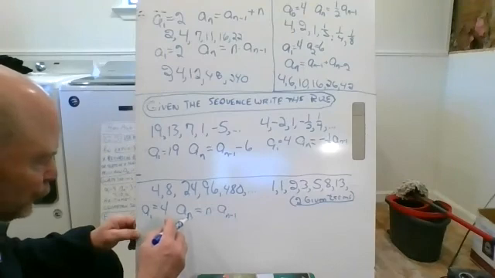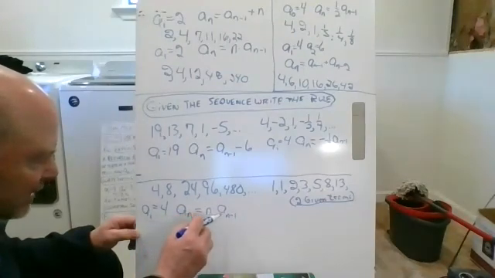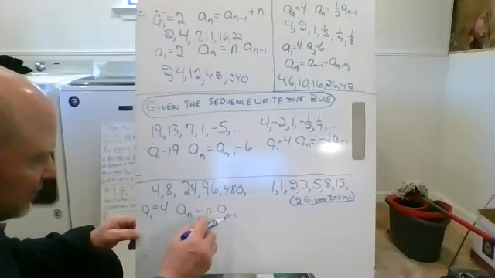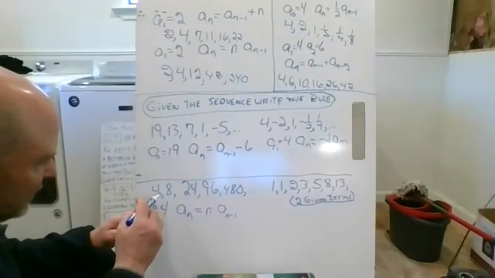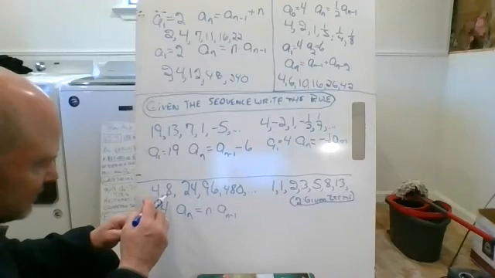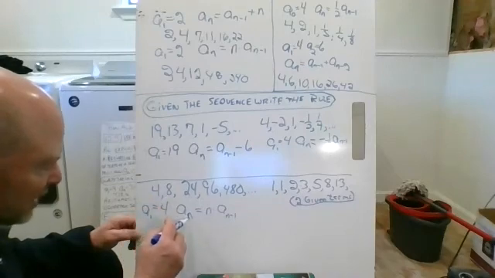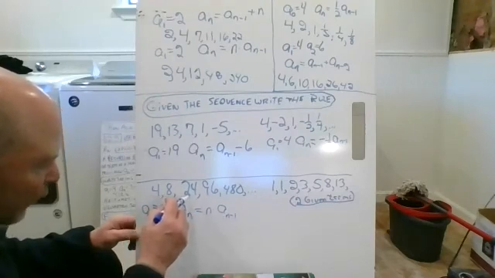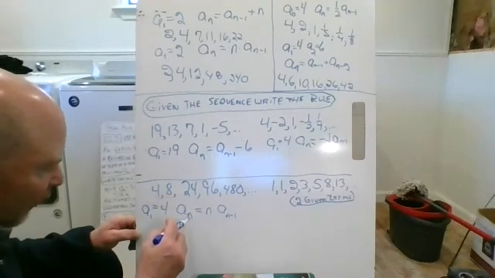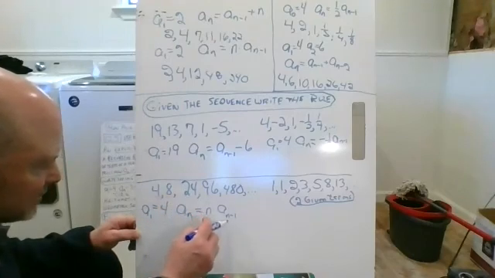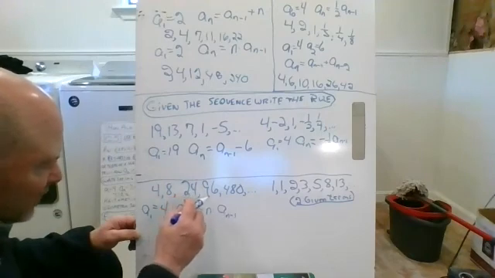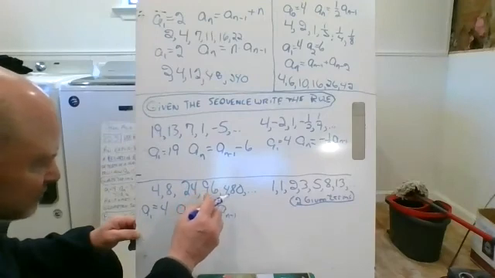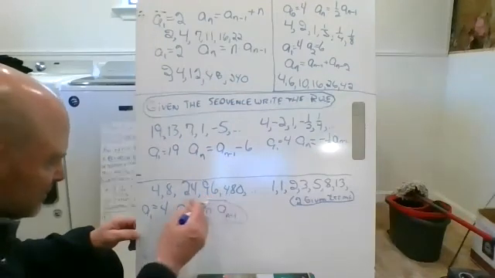Your a sub 2 would be 2 times your a sub 1. And so you're getting 2 times 4 is 8. Your a sub 3 would be 3 times your a sub 2. 3 times a sub 2 gives you 24. Your a sub 4 is 4 times your a sub 3. 4 times 24 is 96. The next one is 5 times. So that's excellent.